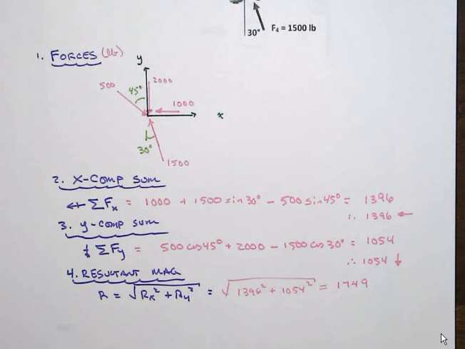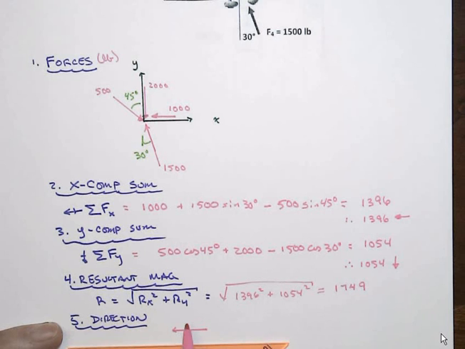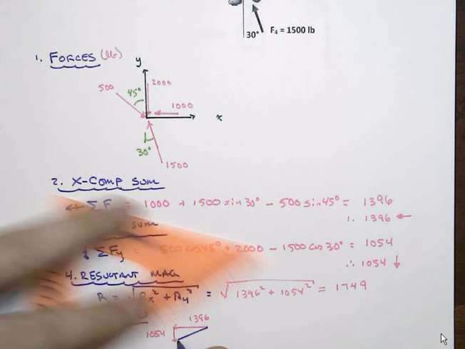We need to also find its angle or direction, and since we have then a horizontal magnitude to the left of 1396 and a vertical magnitude 1054, then our resultant R shows up there, and what we're trying to calculate then is this angle in here, call it alpha.